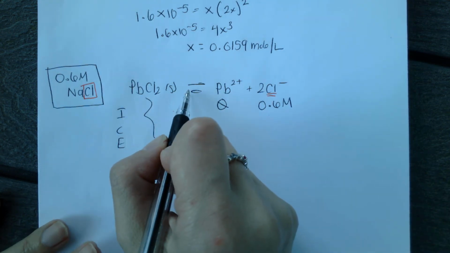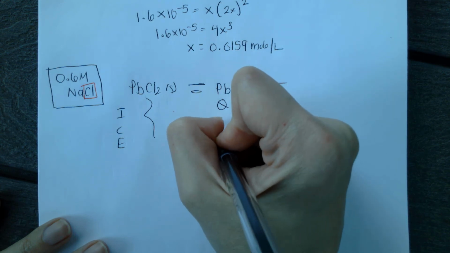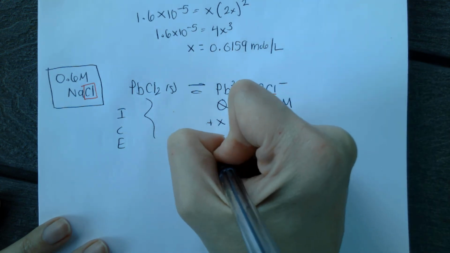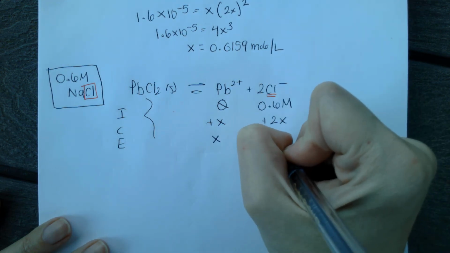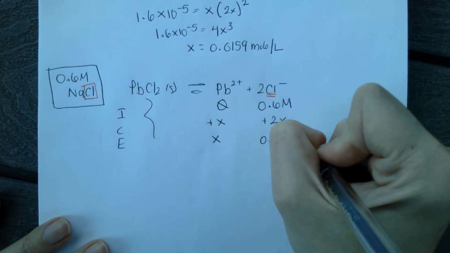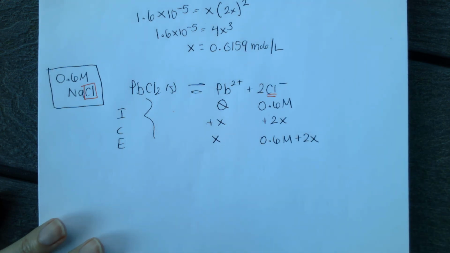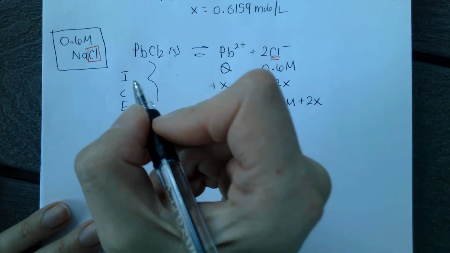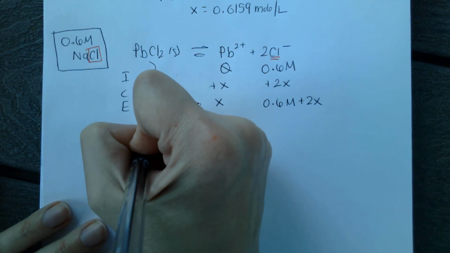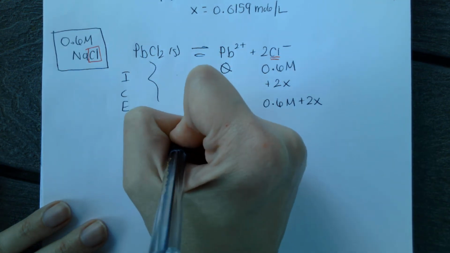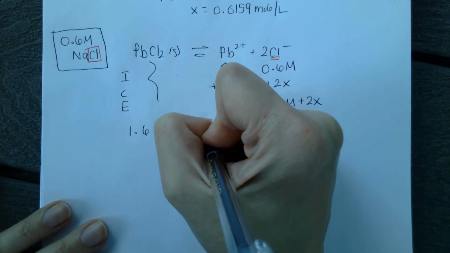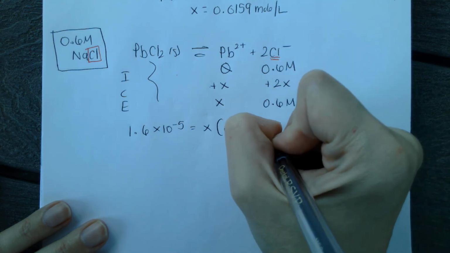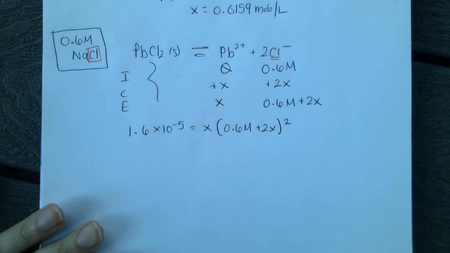So still some of this will dissolve. So we still get plus X, and here we still get plus 2X. So we get X, and now we get 0.6 plus 2X for equilibrium, what was initially there and now what we've added to it. Okay, so now we have 1.6 times 10 to the minus 5 equals X times 0.6 plus 2X squared.